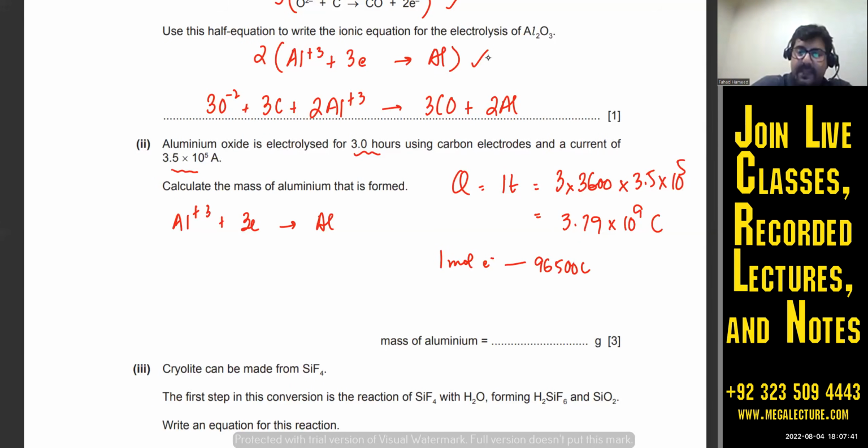So if there is 3.79 times 10 to the power 9 coulombs flowing through the circuit, how many moles of electrons are actually going through that? So what is X? X will be 3.79 times 10 to the power 9, and the whole thing gets divided by 96,500 coulombs.